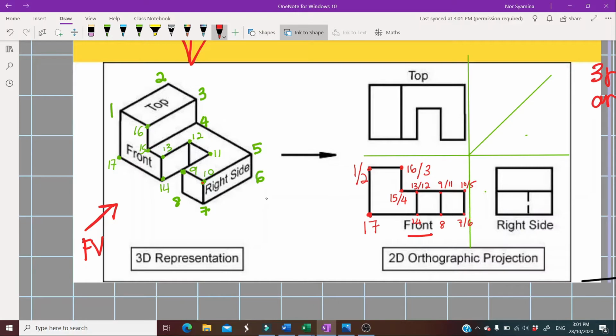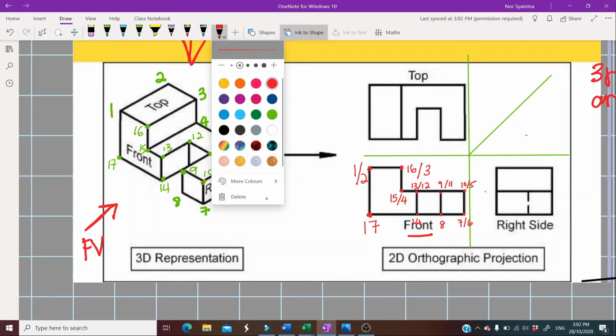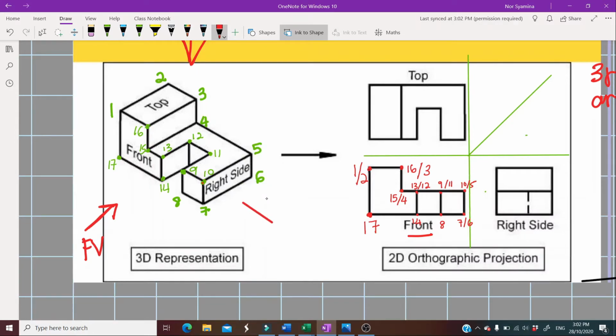Now, why am I writing this number? This is just the label and annotation saying that we understand we are actually transferring the isometric drawing into orthographic view projection. Now, what we can do is we can use this number to assist us to draw the other views. For example, if I were to draw the right hand side, I would be looking from this side. Okay, this is going to be my side view.